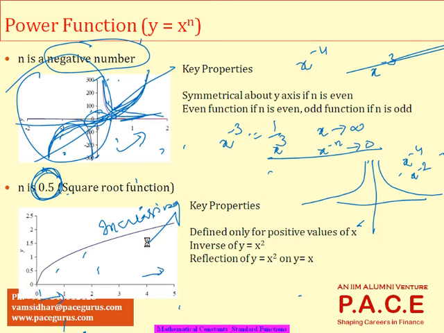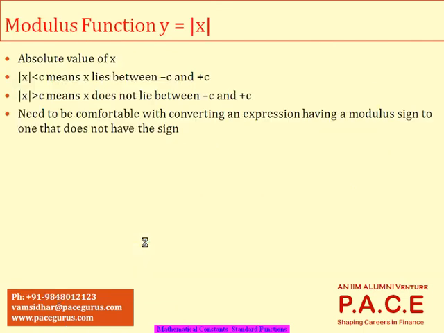Then the next function which we all need to be comfortable with is the modulus function, which is denoted by mod x. Whatever the x is inside, the output will always be a positive value, which means mod -3 is also equal to 3 and mod 3 is also equal to 3.